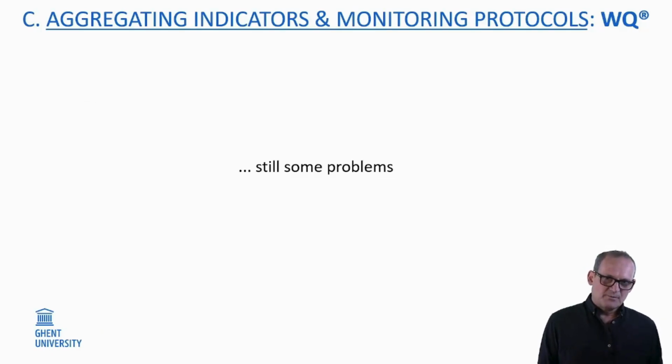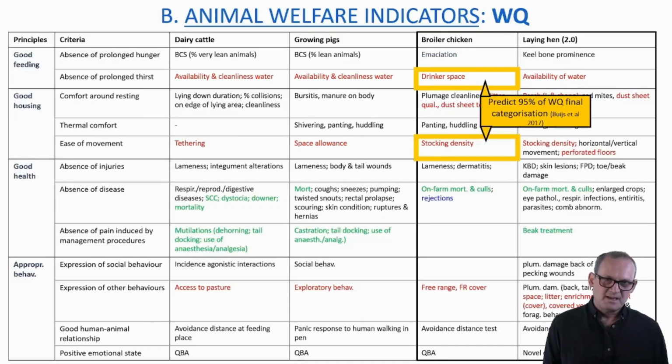But research later on, and especially sensitivity analysis, revealed that even for the Welfare Quality protocols, there were some problems that seemed hard to justify. And one of the problems that was discovered concerned the method of aggregation, how the weighing of the different indicators contributed to the overall welfare score. Because what the sensitivity analysis discovered is that 2 resource-based welfare indicators predicted the overall categorization with 95% of accuracy.